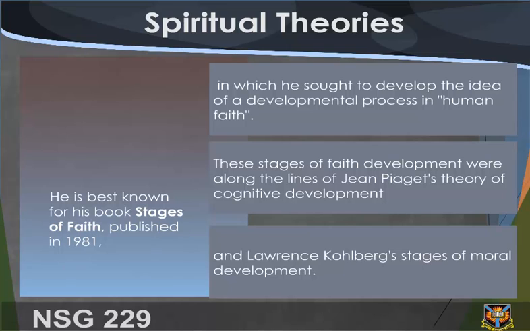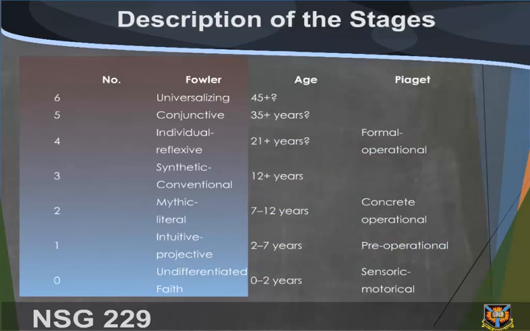He is best known for his book Stages of Faith, published in 1981, in which he sought to develop the idea of a developmental process in human faith. These stages of faith development were along the lines of Jean Piaget's theory of cognitive development and Lawrence Kohlberg's stages of moral development.